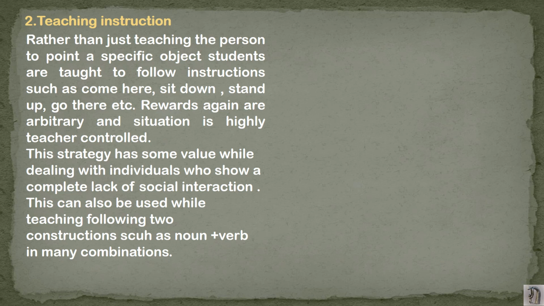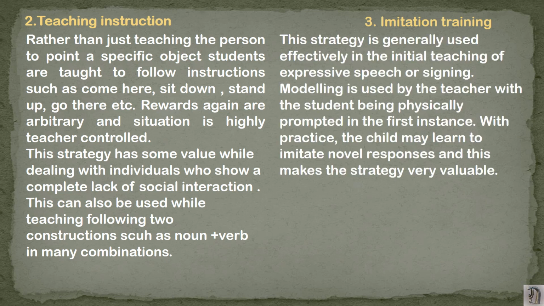That is a little higher level when the child achieves these small instructions. And then you have imitation training, that means I do, you do. This strategy is generally used effectively in the initial teaching of expressive speech or signing.